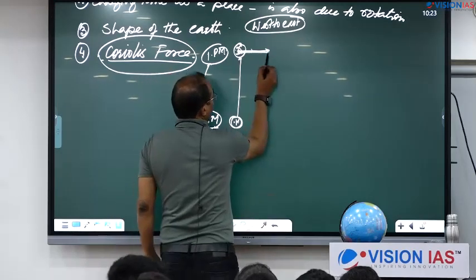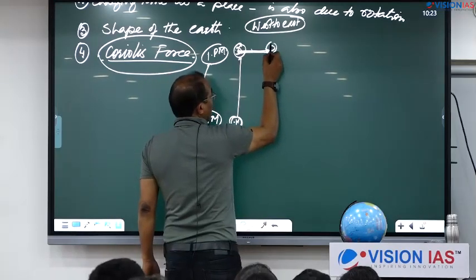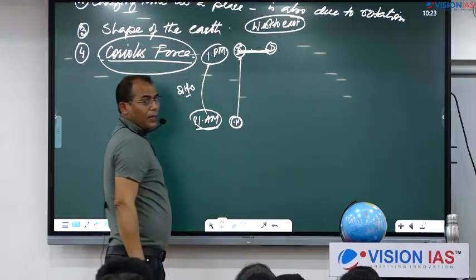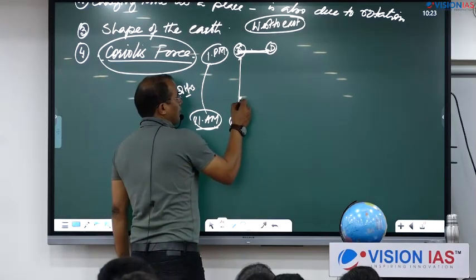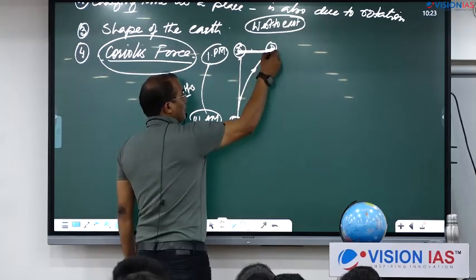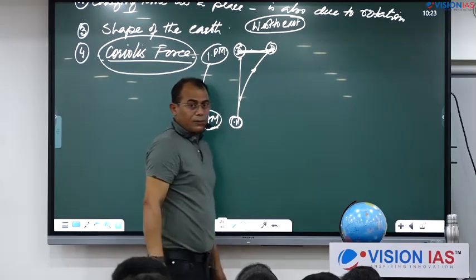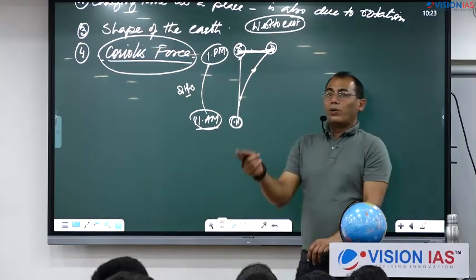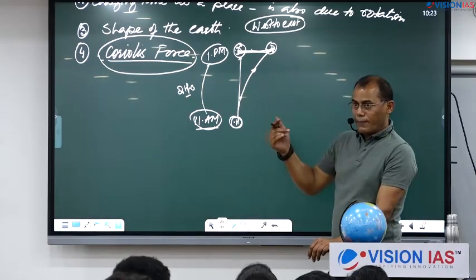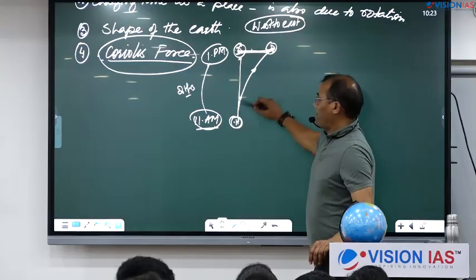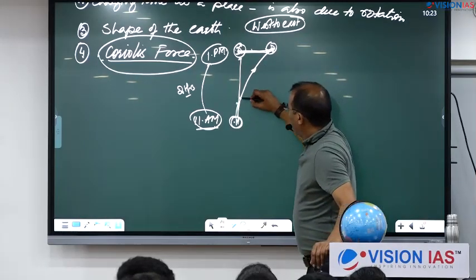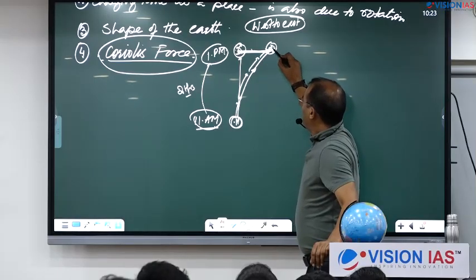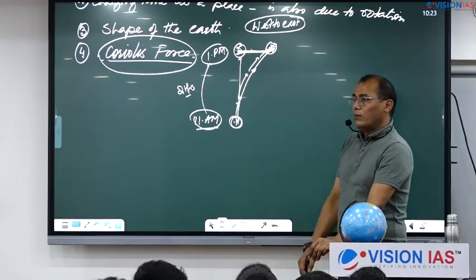So it will be moving this way and Delhi will be here at 1 p.m. Now if you plot a flight path, that flight path will be something like this. Any doubt? So this is what we call Coriolis force. This is not a real force, and it starts only when the object is moving. So this is how the rotation affects the direction of the motion of the wind.